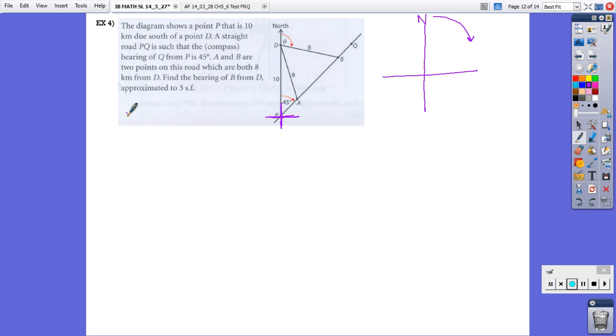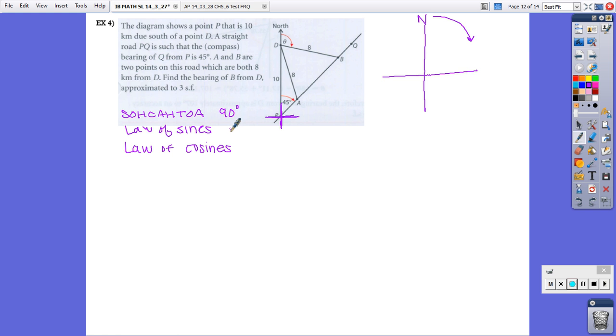So at this point, I want you to make sure you remember, because this is the application section, that you know SOHCAHTOA, you know law of sines, and you know law of cosines. So you want to look for triangles. SOHCAHTOA is if you have a right triangle, so you need a 90-degree angle.